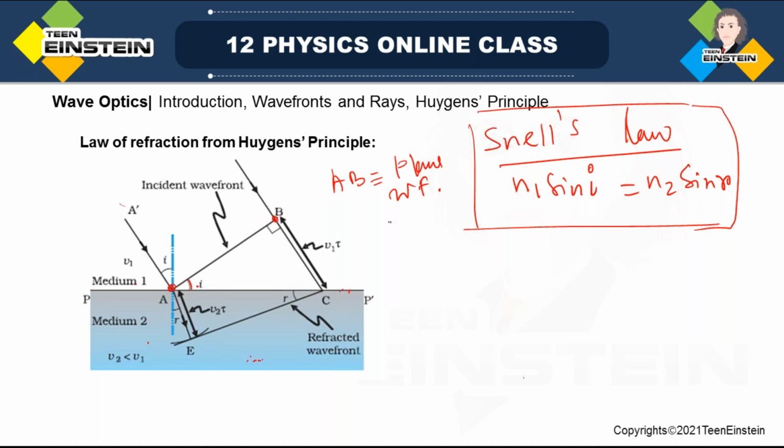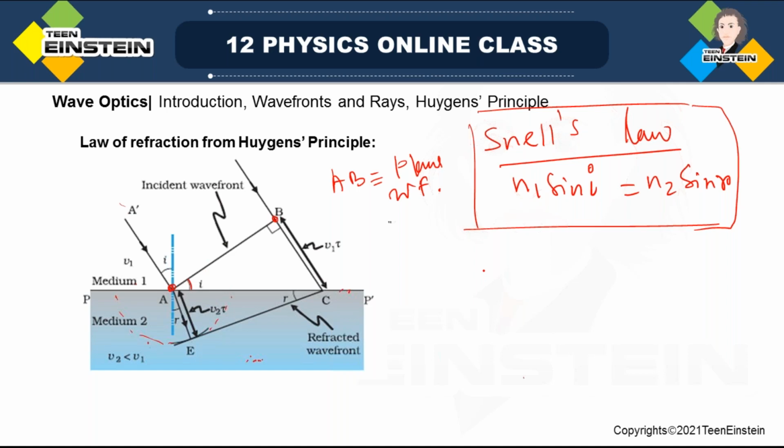It is getting incident at this particular interface at angle i. Now if I want to find the shape and size of the new wavefront produced, then what I need to do is draw a sphere from this A. This is the part of the sphere.